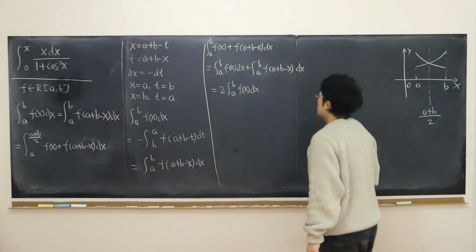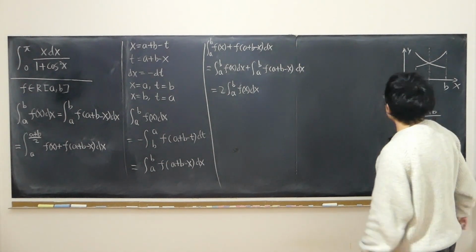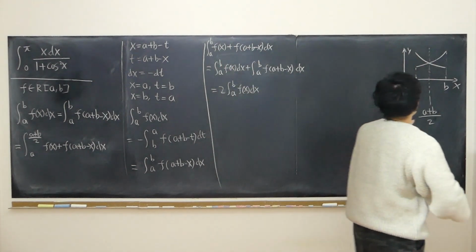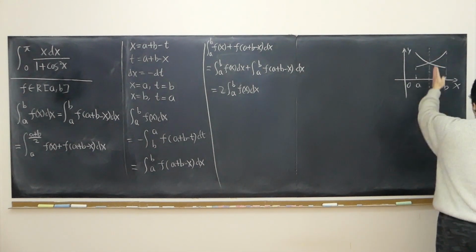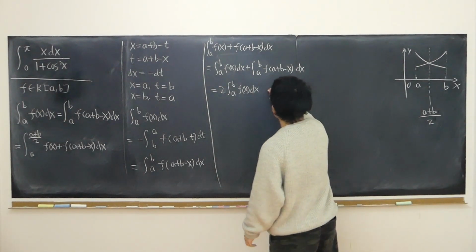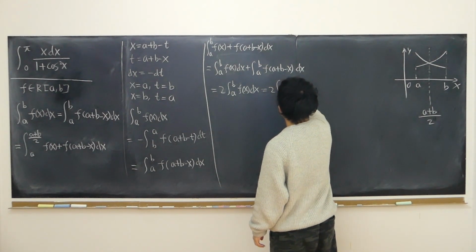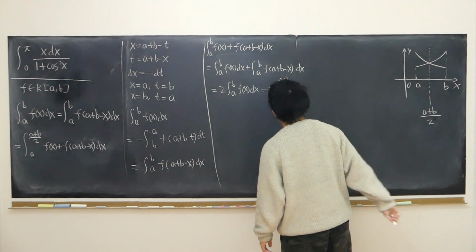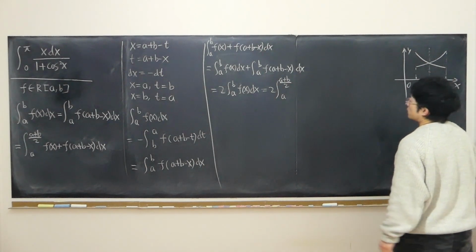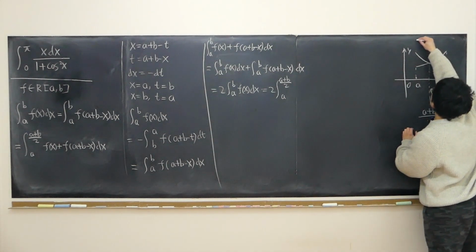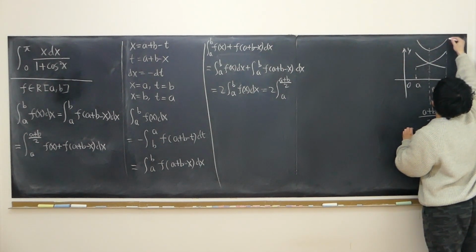And since it's easily verifiable that this integrand is in fact symmetrical to this line, therefore we can just simply work out the integral from a to the middle point and then double it. Right? So double the integral from a to the middle point. From the graph, it's easily verifiable. For example, the graph of this whole function maybe looks something like that, right?